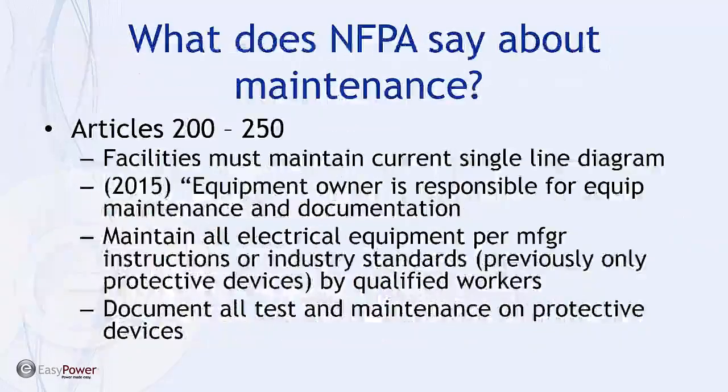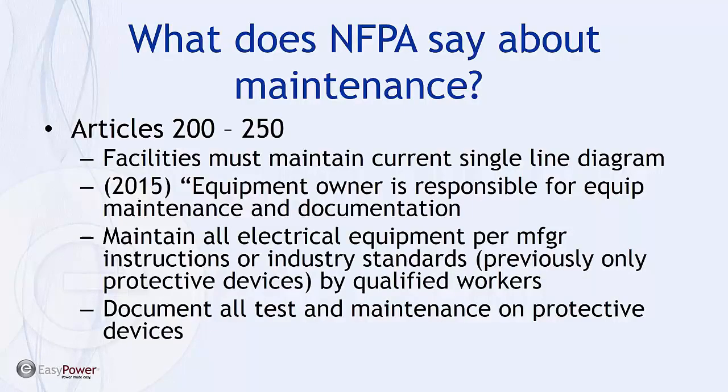So what does NFPA say about maintenance, specifically 70E? Articles 200 through 250 are very explicit, talking about how facilities must maintain a current single line diagram. As of 2015, the equipment owner is responsible for equipment maintenance and documentation. We must maintain all electrical equipment per manufacturer's instructions or industry standards.